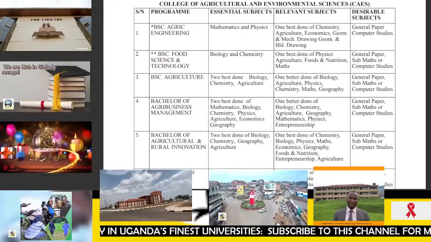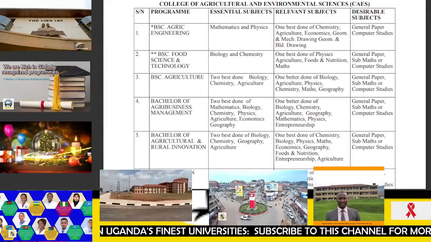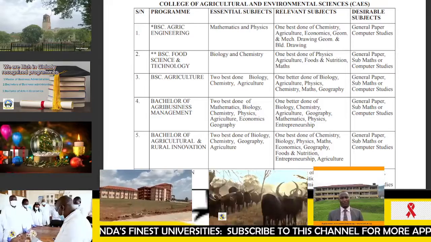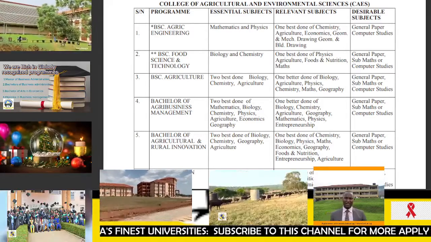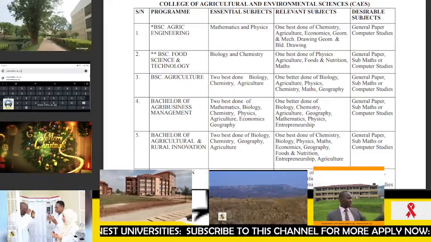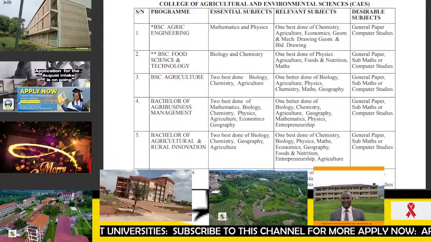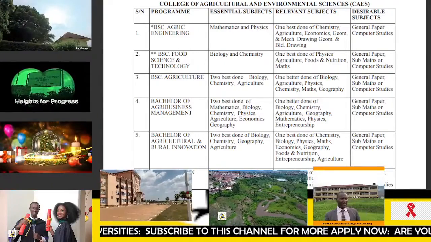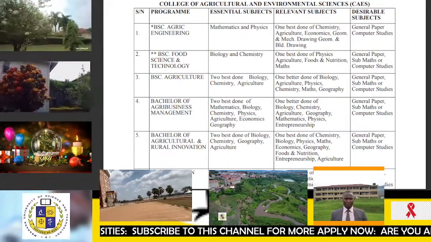When you look at a course like education, biological science, education: Kyambogo, the cutoff points are 42.3, Kabale is 40.6, Lira is 41.1, Gulu is 42.2.